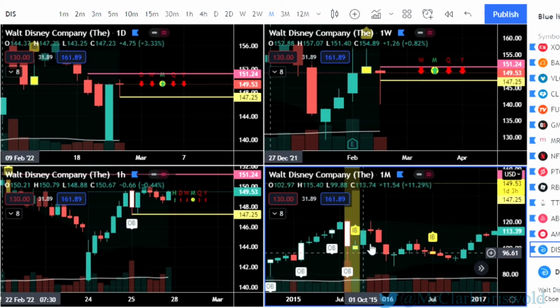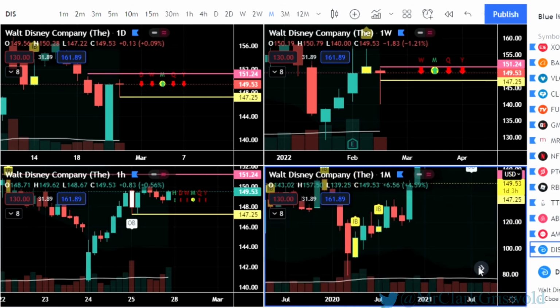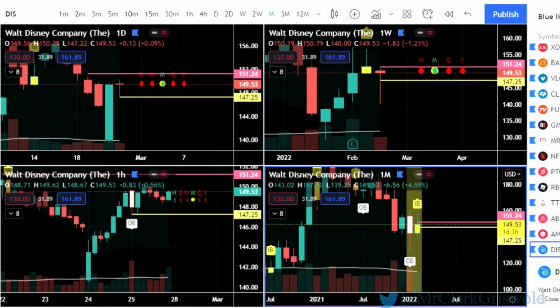We had a big outside bar with a small inside bar, and we broke and we ran from 106 to 115. So even if you're playing common shares, that's a pretty good gain over a month on Disney. So just as a heads up, that monthly play will be on my list. Looks like a good setup.